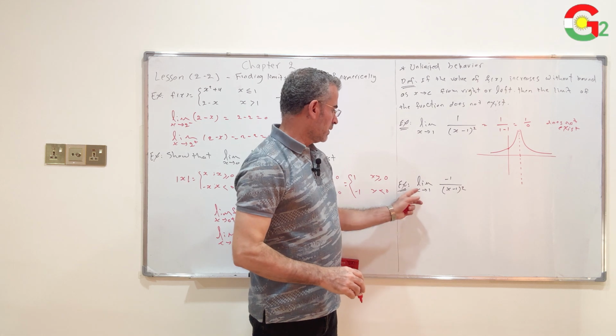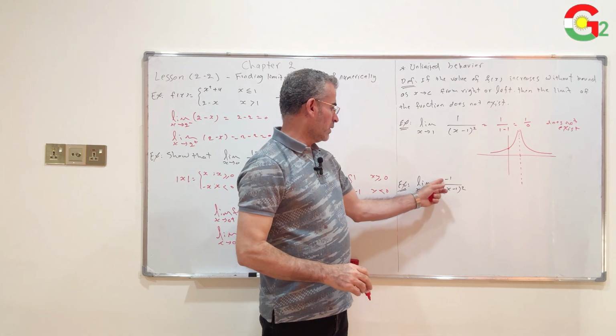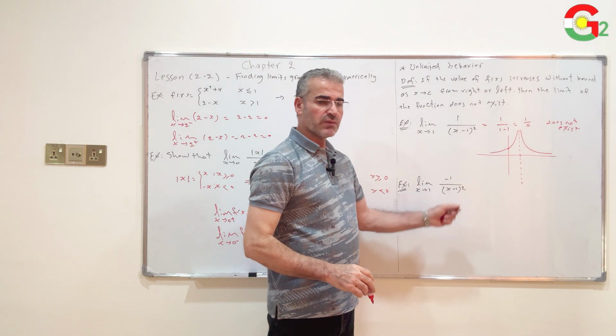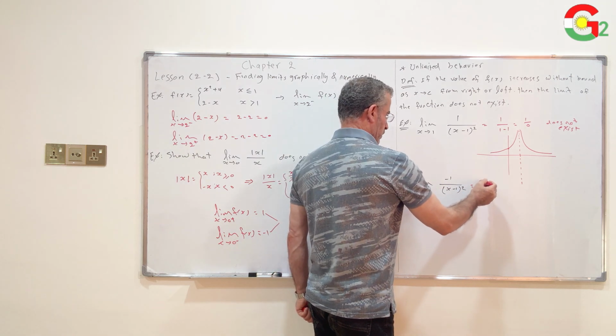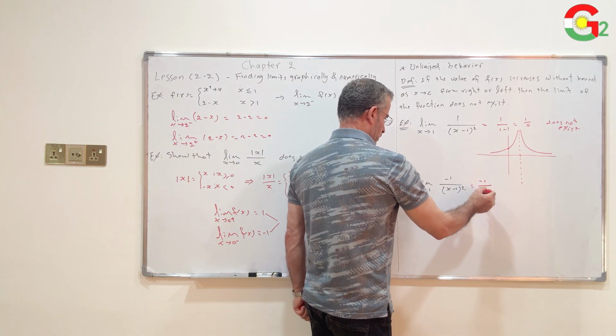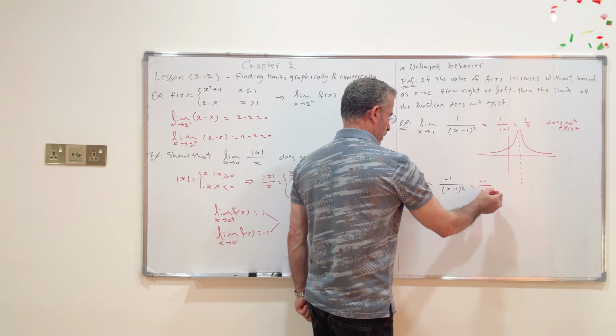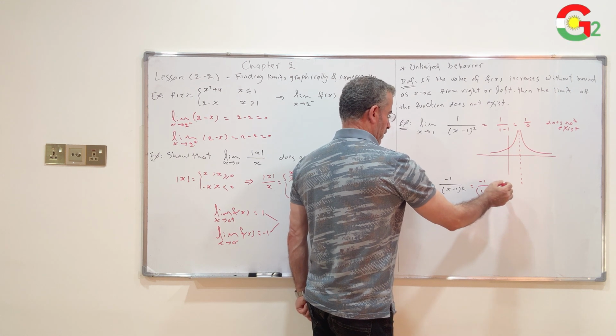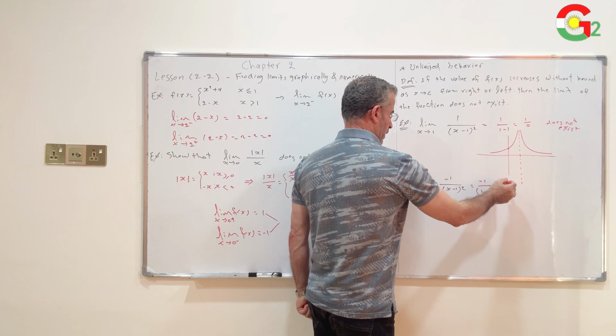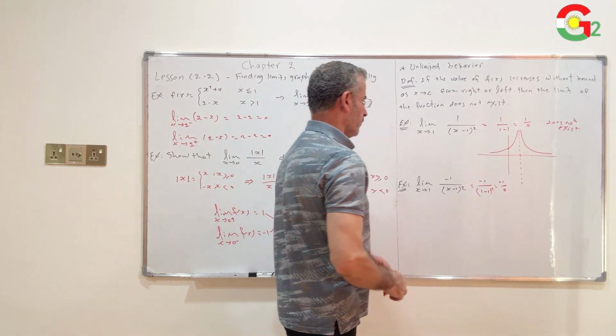Another example, find the limit when x approach to 1 for negative 1 over (x minus 1) power 2. If I substitute every x with 1, then (1 minus 1) power 2 equal to 0, so negative 1 over 0.